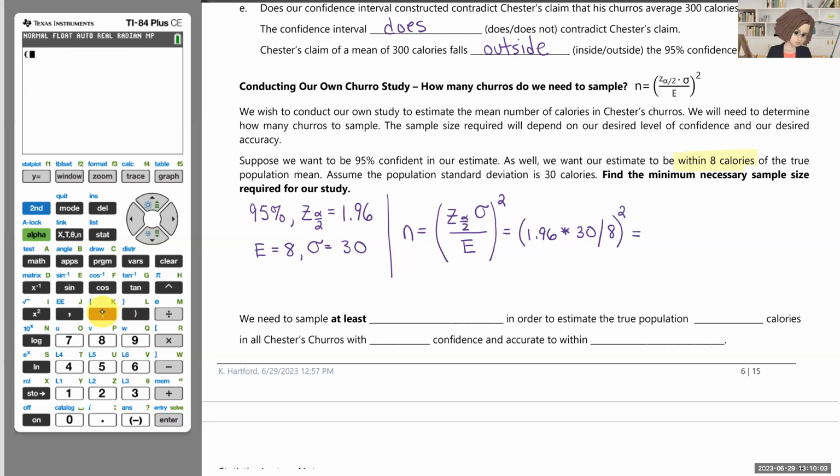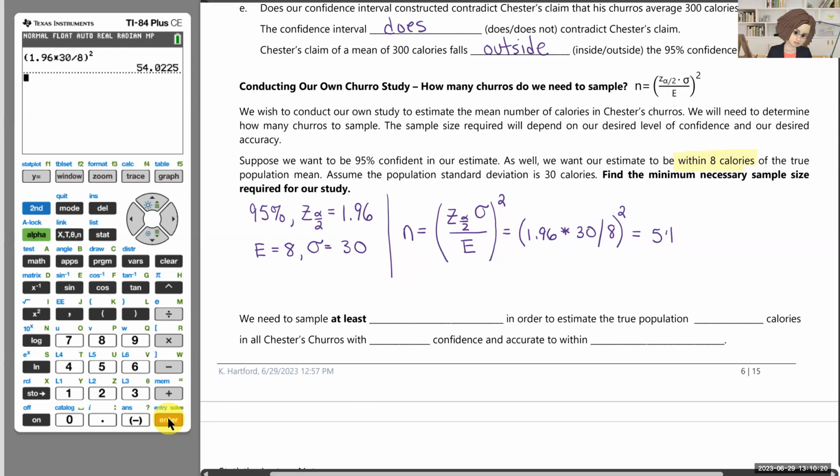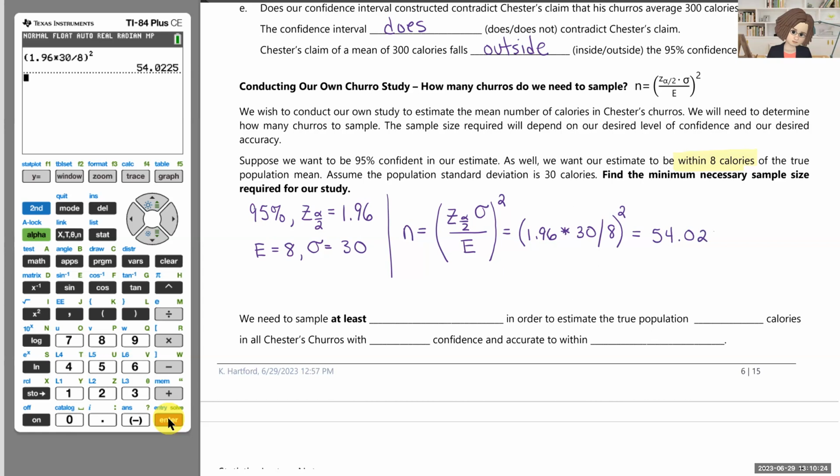So on my calculator, exactly as I wrote it there, 1.96 times 30, divide by 8, close parenthesis, and then square. I'm going to write down that entire answer, 54.0225.